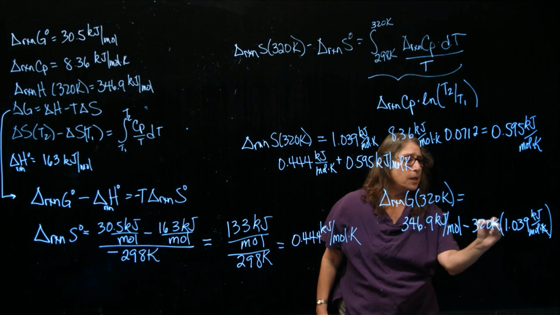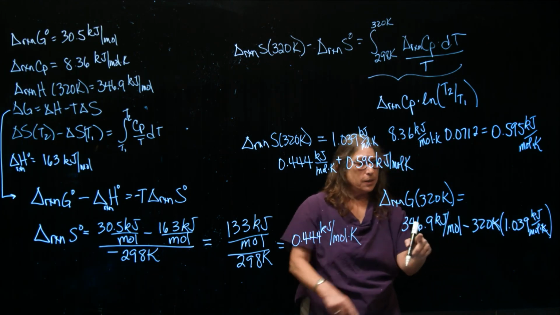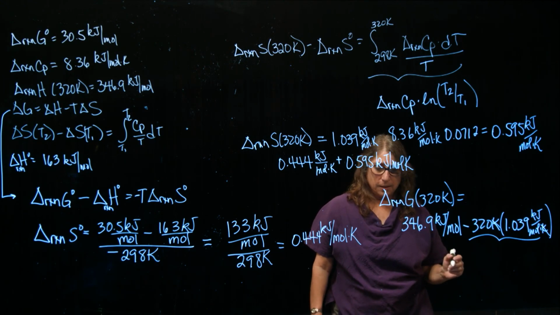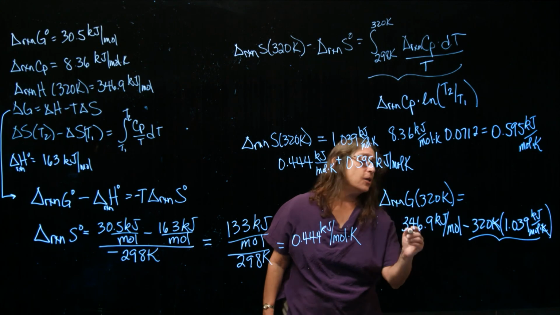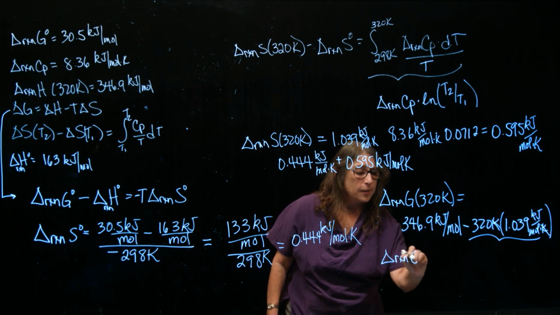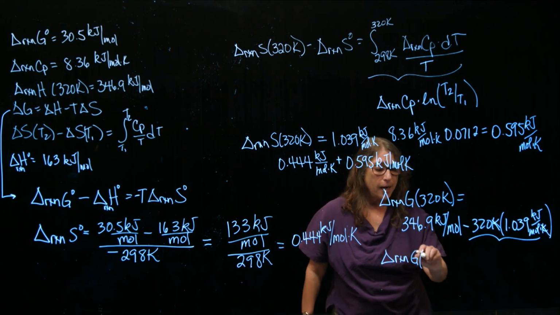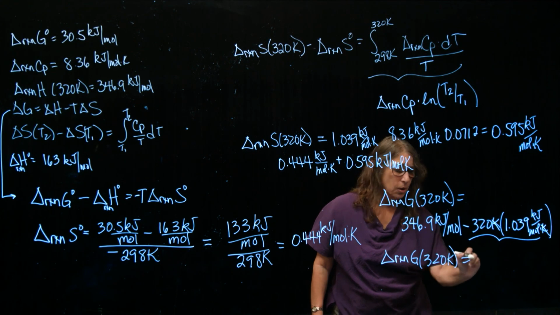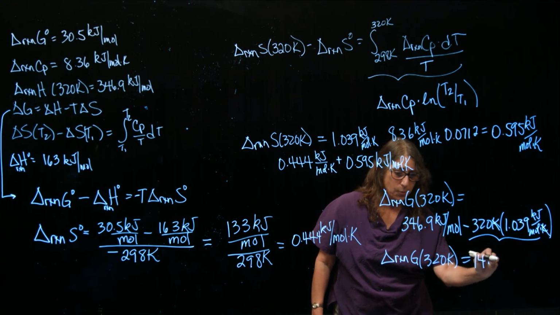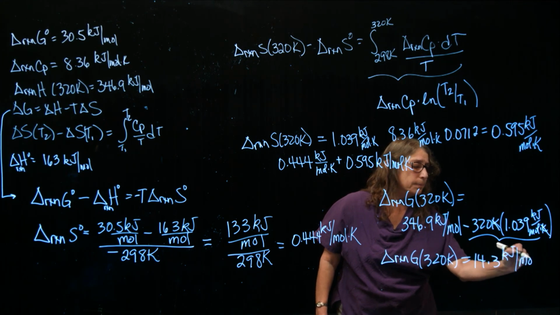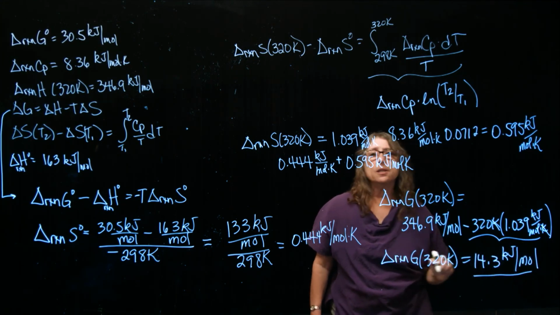I have to make sure that I wind up in the same set of units. And I do. The value of this, I don't know. I ran this through a calculator, and the Gibbs energy for the reaction at 320 Kelvin, all told, is 14.3 kilojoules per mole. Note that the value is positive.